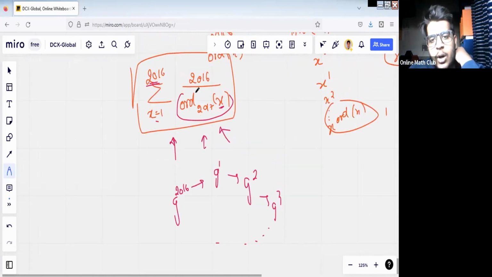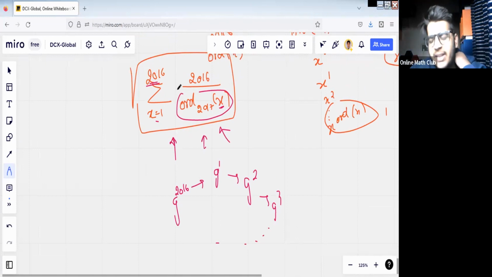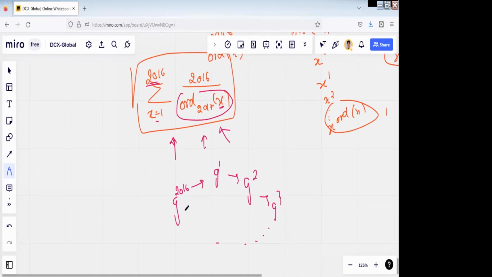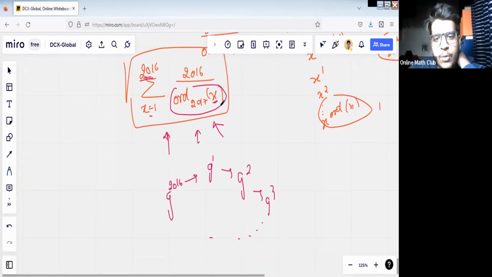Yes, this comprises the divisors of 2016, but you do not know how often they occur, right? You still have to check how often they occur. Like 2 is a divisor of 2016, but how many numbers have order 2? You do not know that, right?